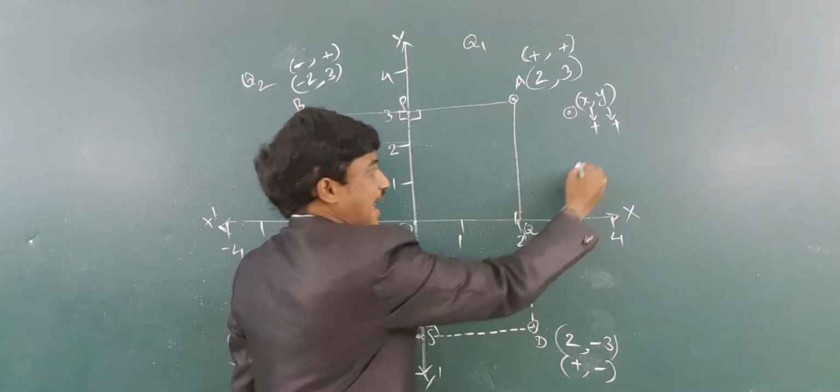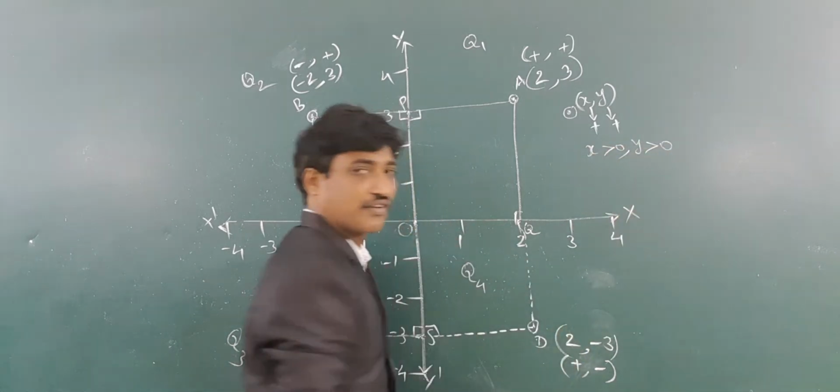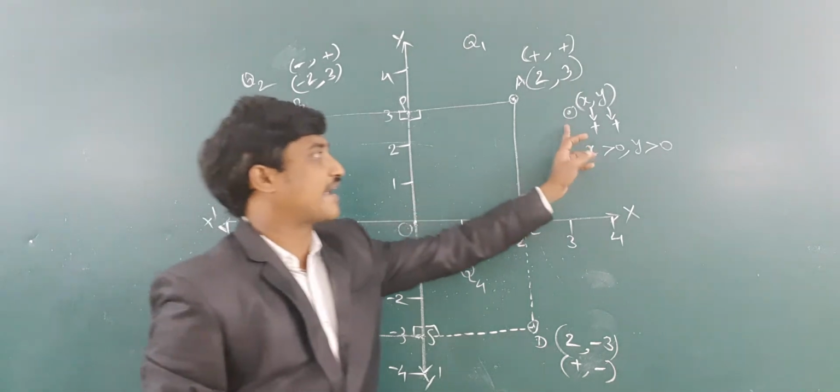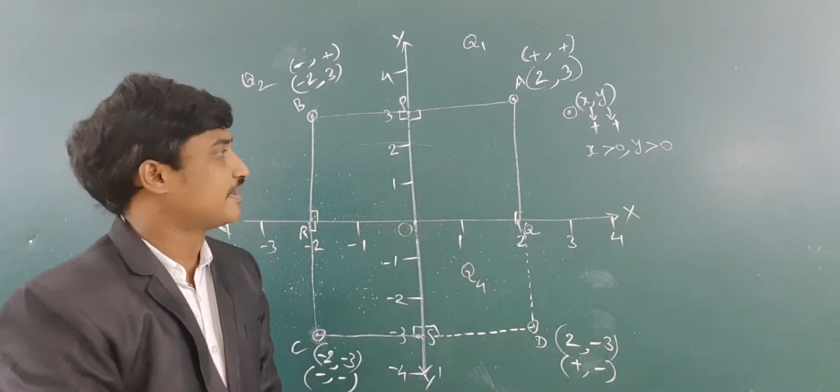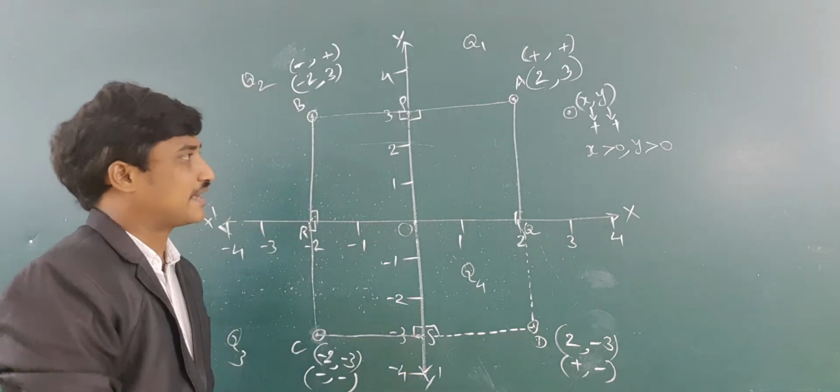That means x is greater than 0 and y is also greater than 0 in the first quadrant.